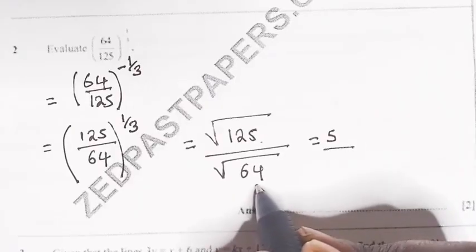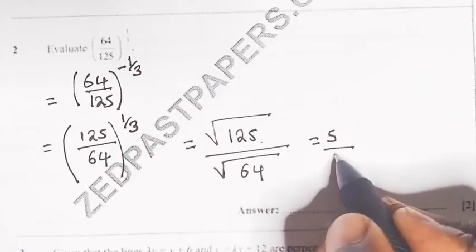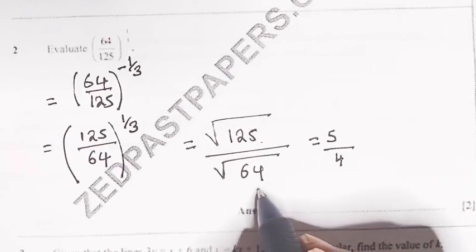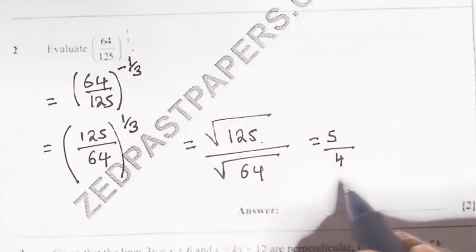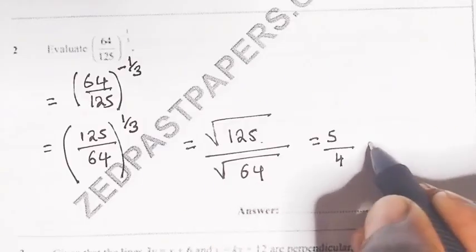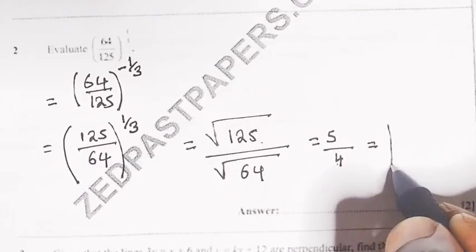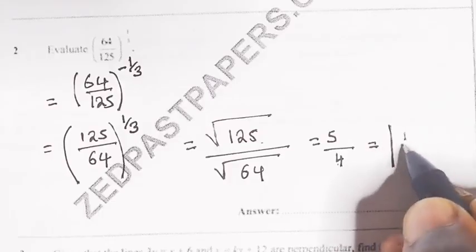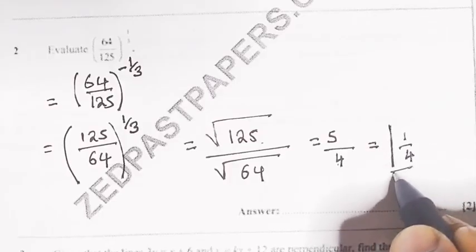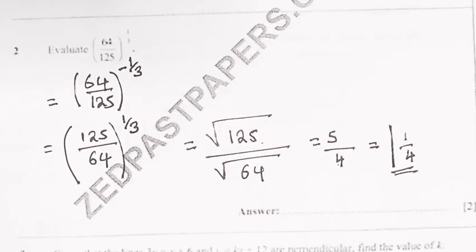And the third root of 64 is 4, because if you multiply 4 times 4 times 4, you get 64. So our answer will say 4 into 5, it's 1, remainder 1 over 4. So this is our answer right there.